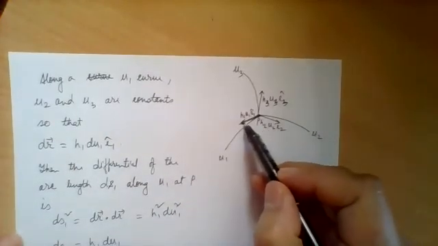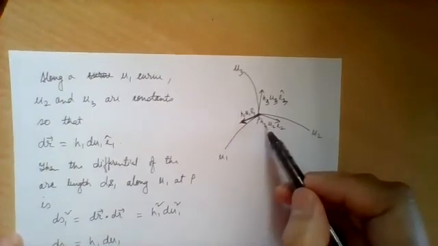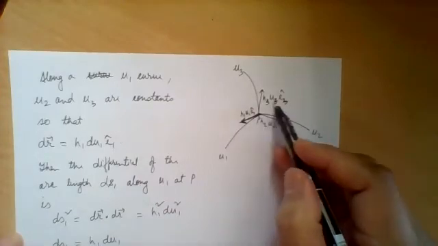So the differential arc length along this direction is h1 du1 e1. This is h2 du2 e2. This is h3 du3 e3.